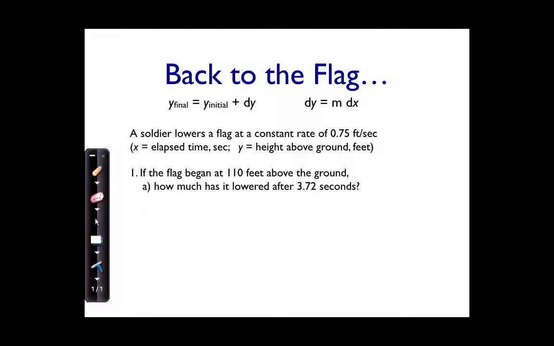I don't actually want you to compute a number answer, but just think about what it is that you would be doing to compute the answer, symbolically in terms of y initial, y final, dx, dy, m. What is it that you're doing in your computation? Does it match up with any of those? If the flag began at 110 feet above the ground, how much has it lowered after 3.72 seconds?